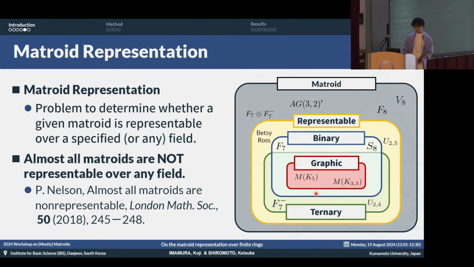Formally, matroid representation is the problem of determining whether a given matroid is representable over a specified or any field. Interestingly, it was revealed by Peter Nelson that almost all matroids are non-representable. So whereas matroids abstract the property of linear independence, there are too many matroids which cannot be represented over a field.